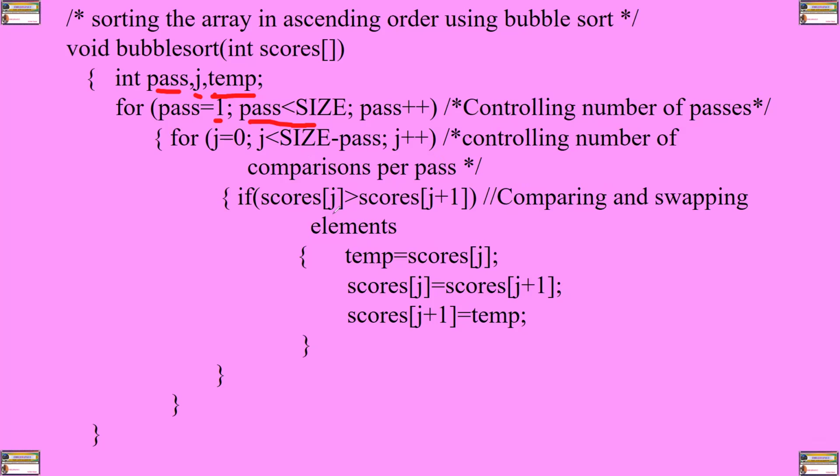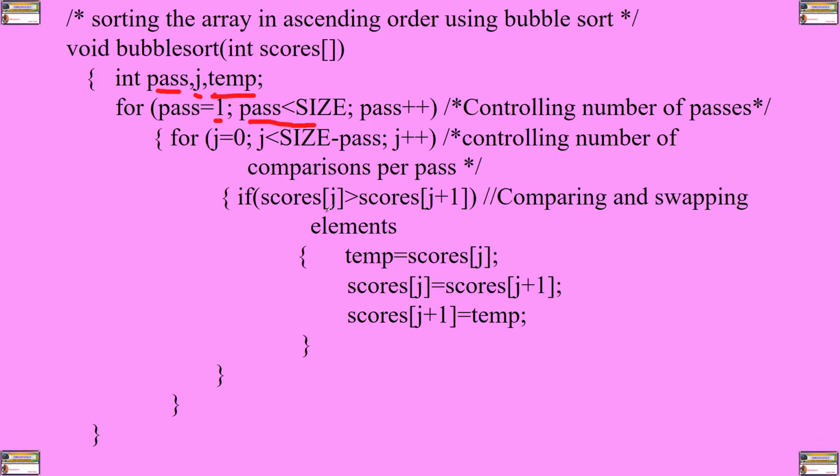Find out whether it is greater than the second element, that is 0 plus 1. So compare scores subscript 0 and scores subscript 1. This means the first and the second element. Compare them.